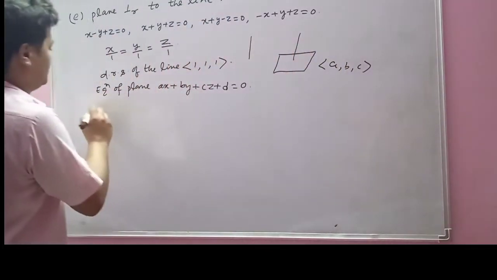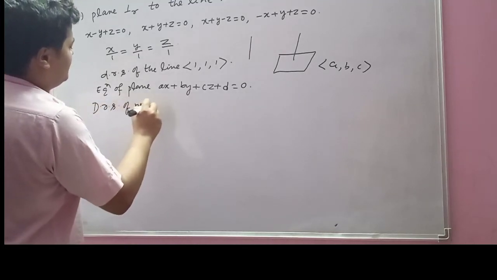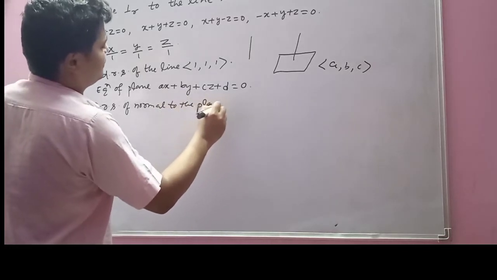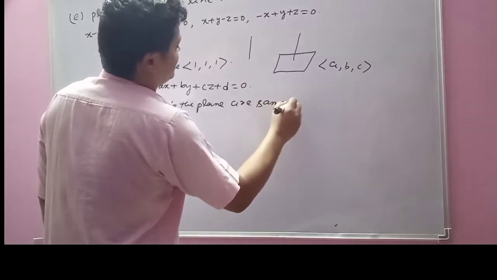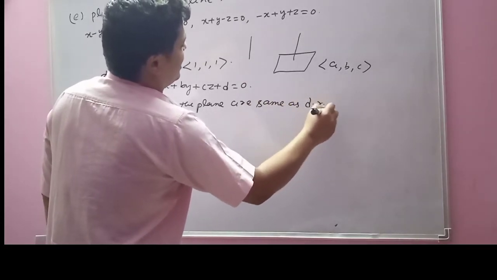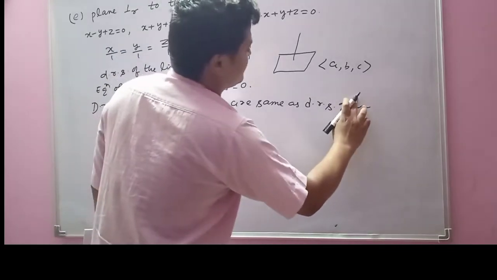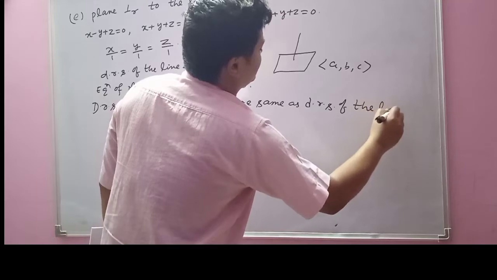So DRS of normal to the plane are same as DRS of the line.